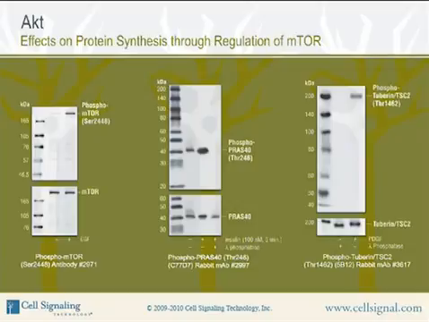The Western blot to the right shows extracts from NIH3T3 cells, phosphatase or PDGF treated, using phospho-tuberin TSC2 threonine 1462 rabbit monoclonal antibody, product number 3617. PDGF treatment results in increased phosphorylation of tuberin TSC2 at threonine 1462.